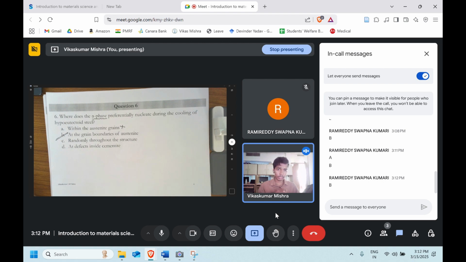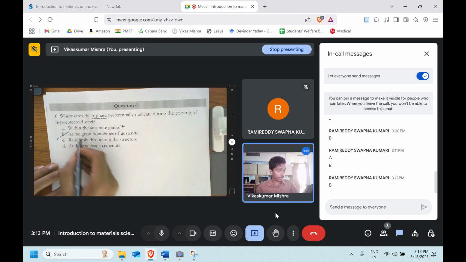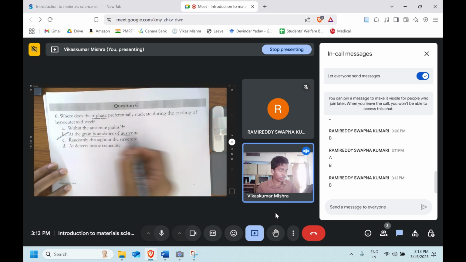They will provide a sufficient amount of energy for the nucleation site, they will act as a nucleating site, and on those sites with higher energy it is very easy for the new upcoming phase to appear. That's why it will be the grain boundary of the austenite.